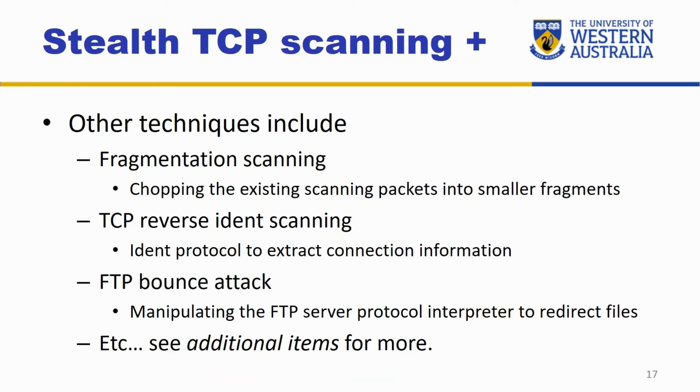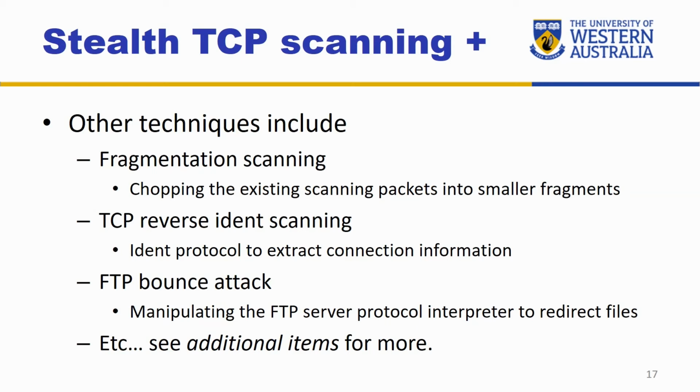Okay. And so these are some of the basic techniques that can get you started for scanning some open ports using TCP. And of course, there are other techniques to expand further. Things like fragmentation scanning, which is chopping the existing scanning packets into smaller fragments.